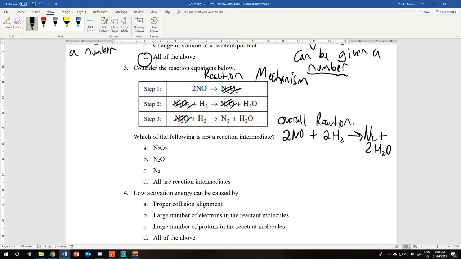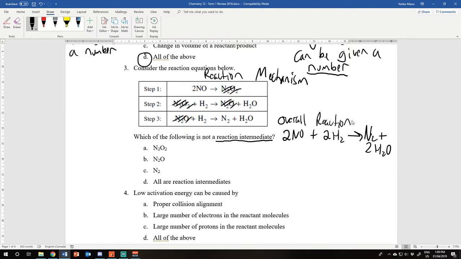Now, even though the question doesn't tell you to find the overall reaction, it is a good idea to do that, because then you can actually answer what the question is asking for. So in this case, the question asks us which of the following is not a reaction intermediate. Now, if you remember, a reaction intermediate is a product in one step and a reactant in another step.